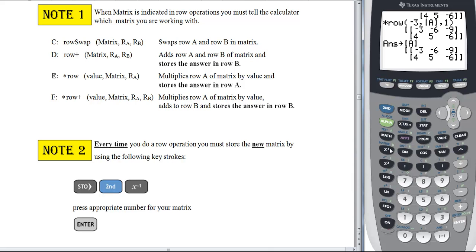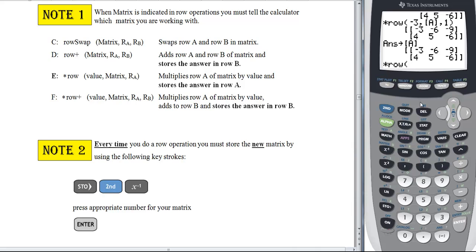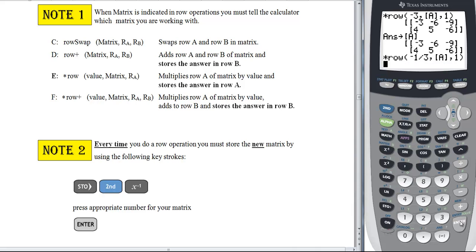Second matrix, over to math, go up, and I need E. Remember, I wanted to make this a +1, so -1 divided by 3. Remember, I've got to tell it the value. Then I've got to tell it the matrix, which is the very first one, comma, and the row. It was row 1. So it's right back to what it used to be.